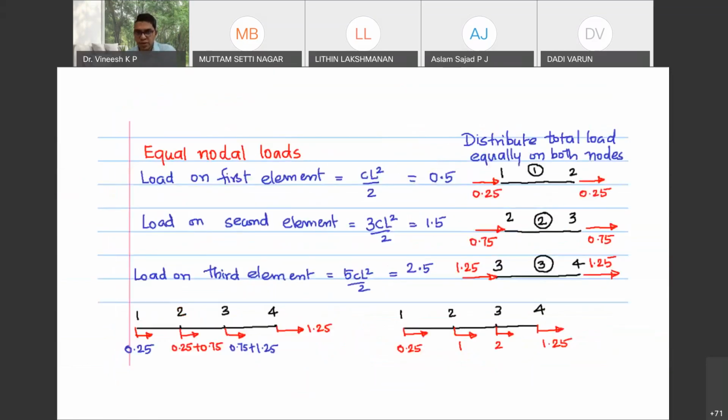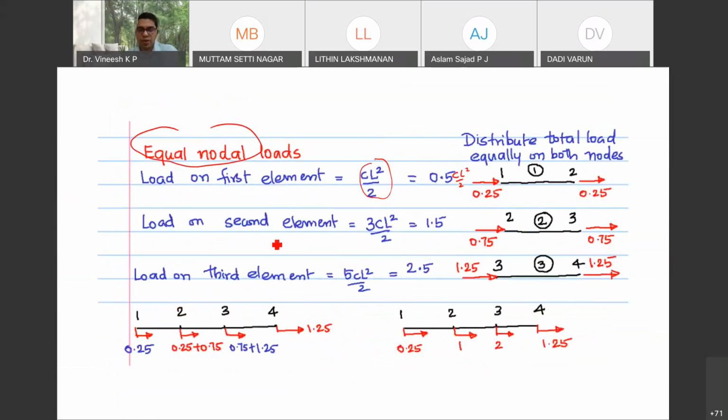So here we assume a condition of equal nodal loads. We understood that the total load on the first element is CL square by 2. I have divided that equally between both nodes, so 0.5 times CL square by 2. If C and L are both 1, then it is 0.25 on the first node and 0.25 on the second node.